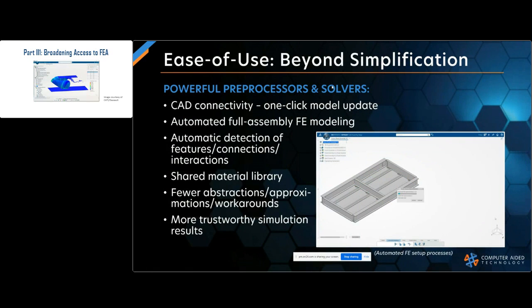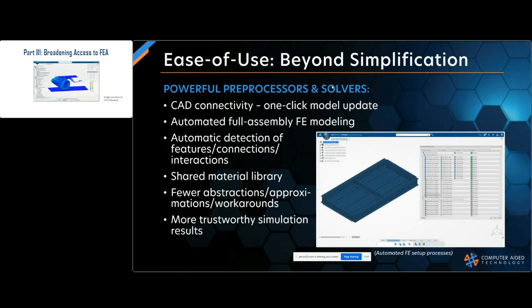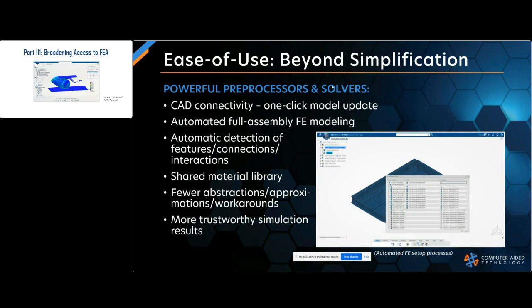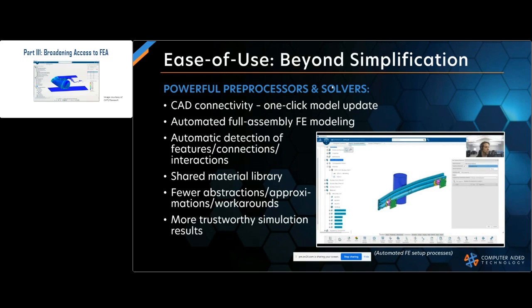So beyond the ease of use and all that, there are some key ingredients that you have to have in order to be successful with simulation on the design level or analysis level. One, CAD connectivity. Make sure that your CAD updates, that there's a complete link between your CAD and your FEA.